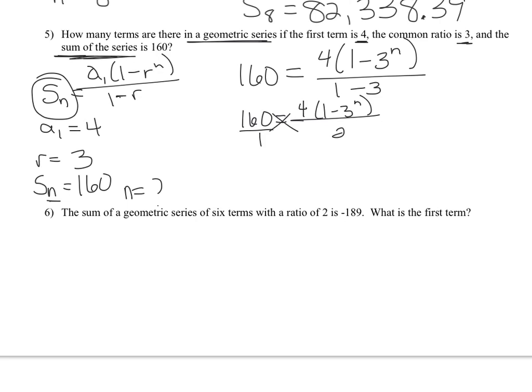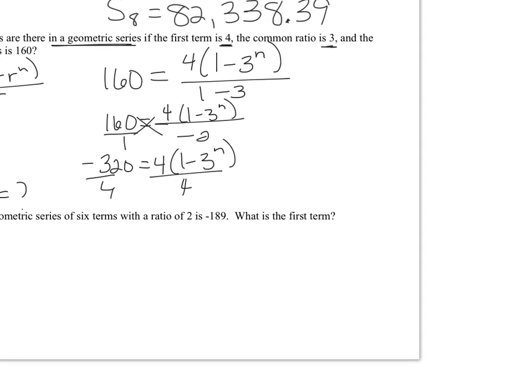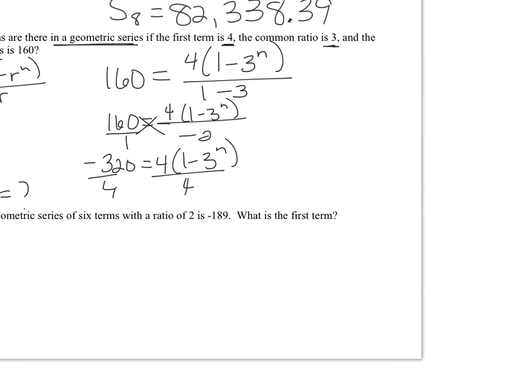This is my favorite, cross multiply. So this should be negative 320 equals 4 times 1 minus 3 to the n. Divide by 4, and I get negative 80 equals 1 minus 3 to the n.